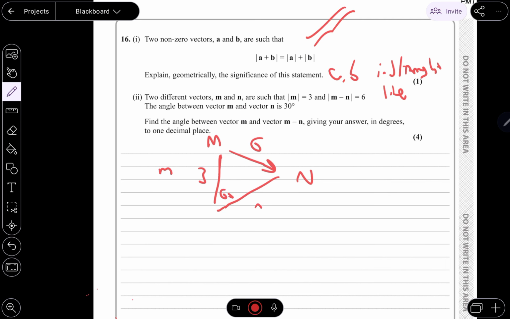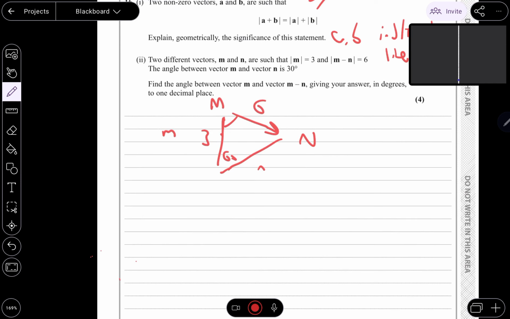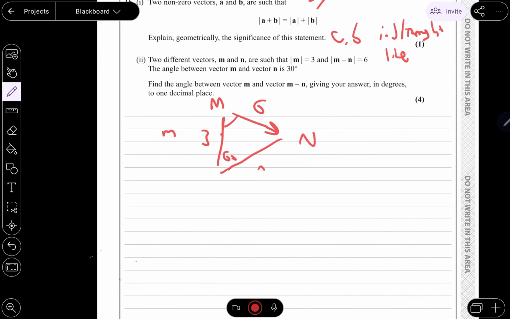Find the angle between m, which is this vector, and so I want this angle, I think. Okay, so I guess there's a bit of work to do here, because I think I need to find this angle first. So if I call this y, I'll do sine y over 3 equals sine 60 over 6, and y equals something.